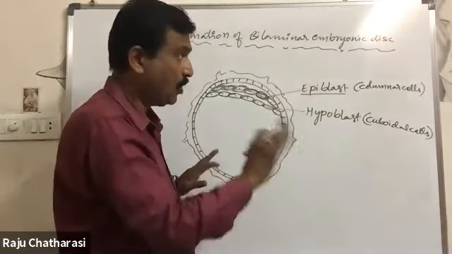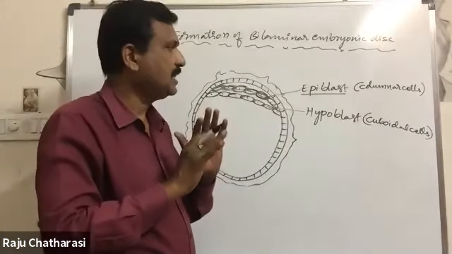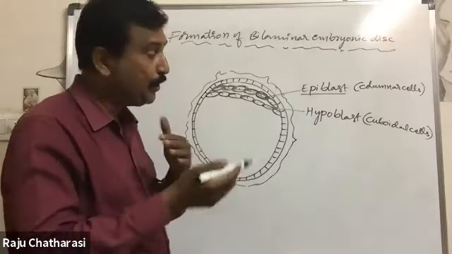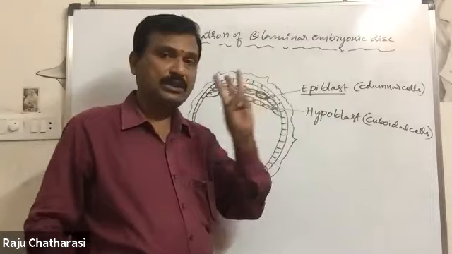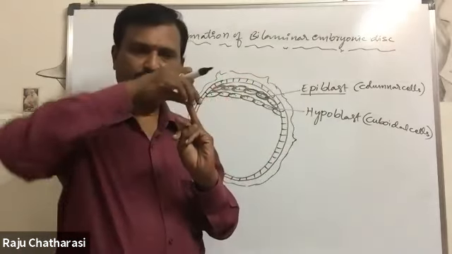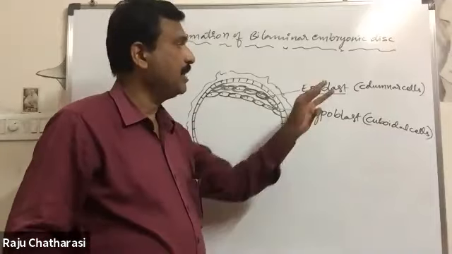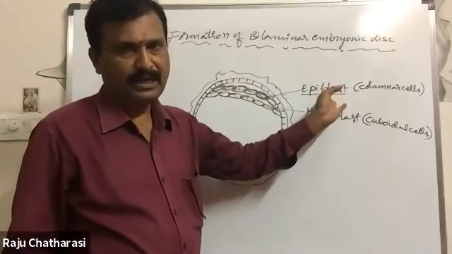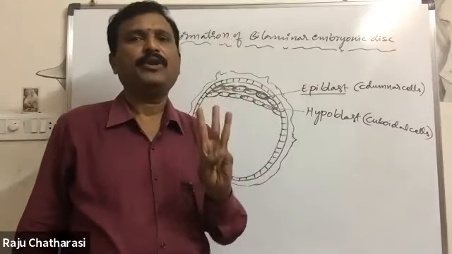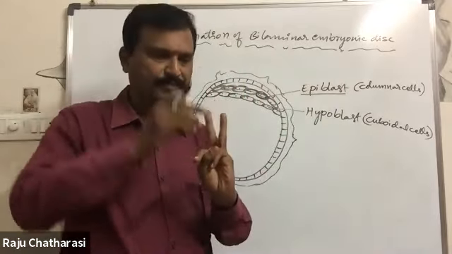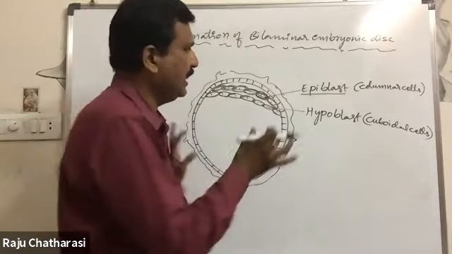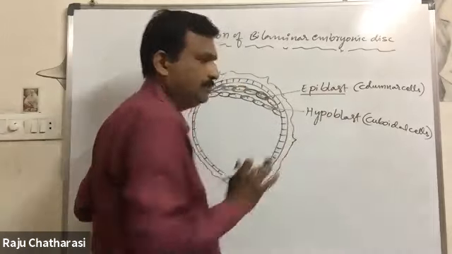All three embryonic germinal layers, ectoderm, mesoderm, endoderm, derive from epiblast only. Please remember, it is a very important point. These three layers derive from epiblast only.